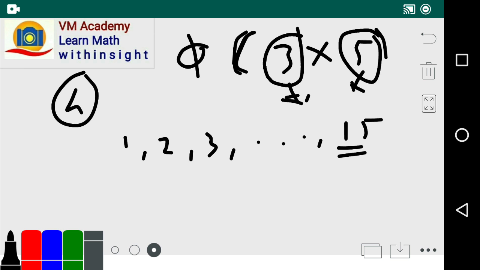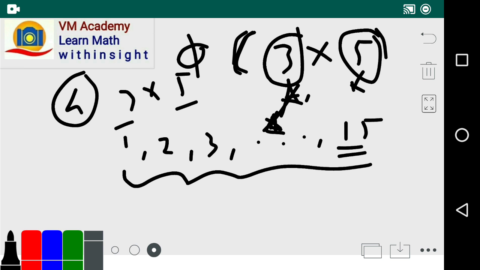Out of these numbers, 3 into 5 has 3 and 5 as factors, and a number that has 3 as a factor is not going to be relatively prime to 3 into 5, because if any number has 3 as a factor, then the common factor between that number and 15 is not going to be 1. So that is not going to be relatively prime.